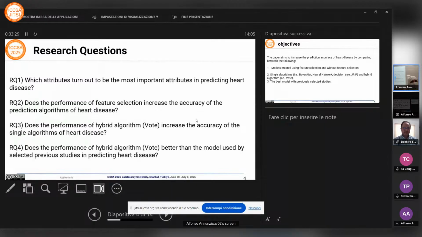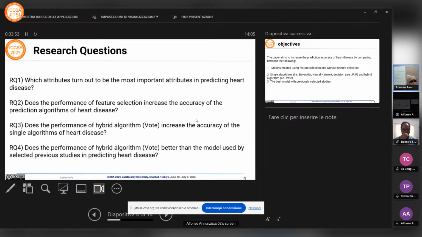So I will use feature selection, and I will see what the impact of these feature selections is. Also, the third question: does the performance of a hybrid algorithm, I used the vote algorithm, which is a kind of hybrid algorithm, increase the accuracy of a single algorithm for heart disease?